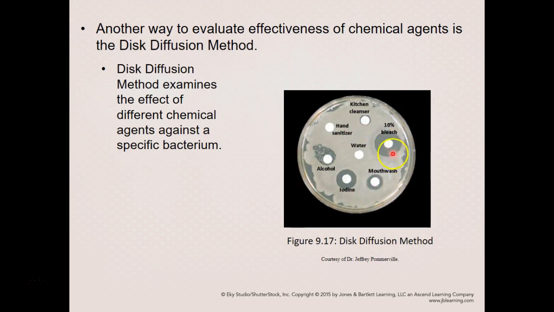And so what we can see is that bleach is very effective at controlling the growth of whatever this microbe is, compared to this kitchen cleanser. So if we were going to be cleaning our kitchen, we may want to use a 10% bleach solution versus the kitchen cleanser.